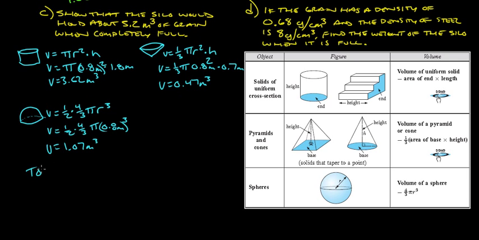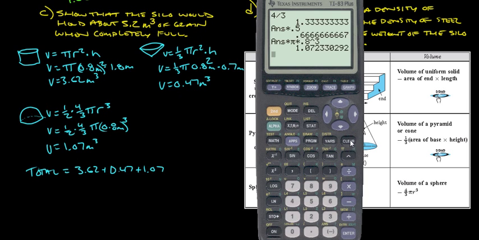So the total volume should be all three of these added together, right? So total is 3.62 plus 0.47 plus 1.07. So let's see what we get with that. Hopefully it's 5.2 cubic meters.